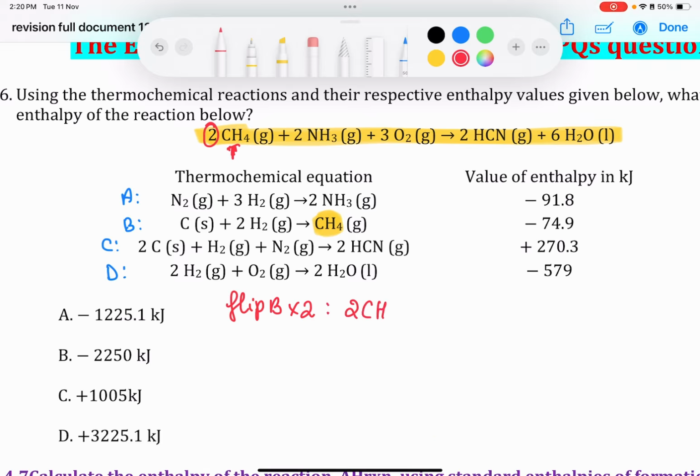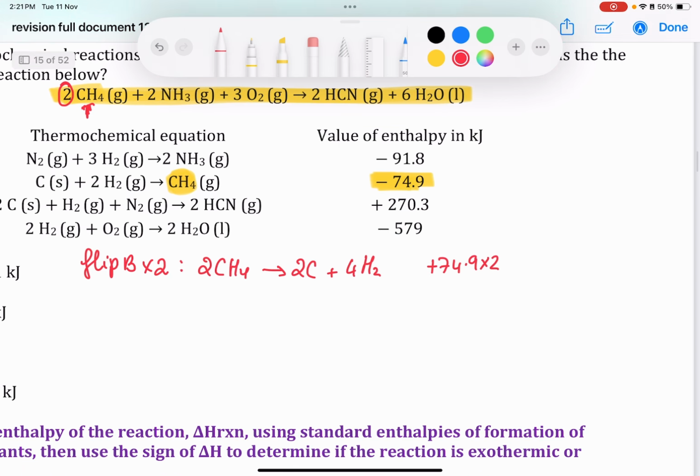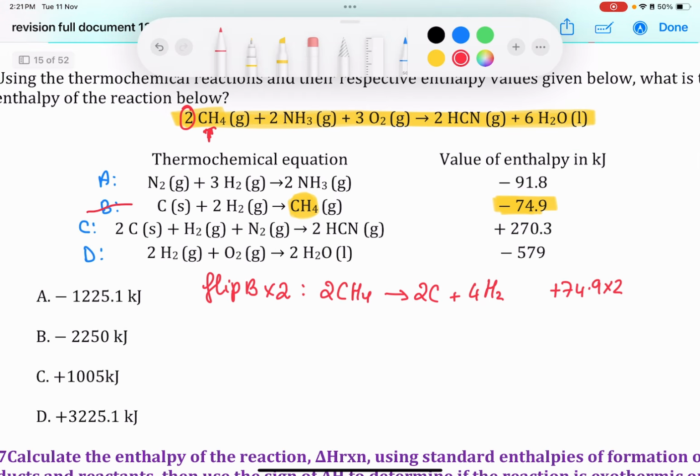So it's going to become 2CH4, 2C, and 4 hydrogens. So this value over here, you're going to flip it times 2. So it's going to become positive and times 2. Now, I'm done with B. Let's move on to NH3. Where is it?